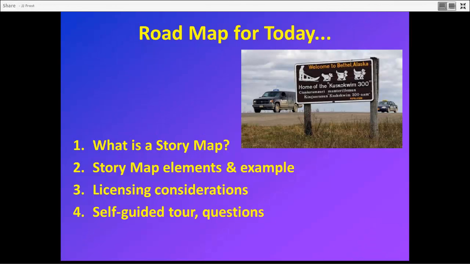As we all know, we have to be respectful of user agreements and limitations. And then probably the most important part is just going to be kind of a self-guided tour where everybody on the call can explore one of these story maps on their own. And actually, in the chat window on Adobe Connect, if you can see that, I put a link there.